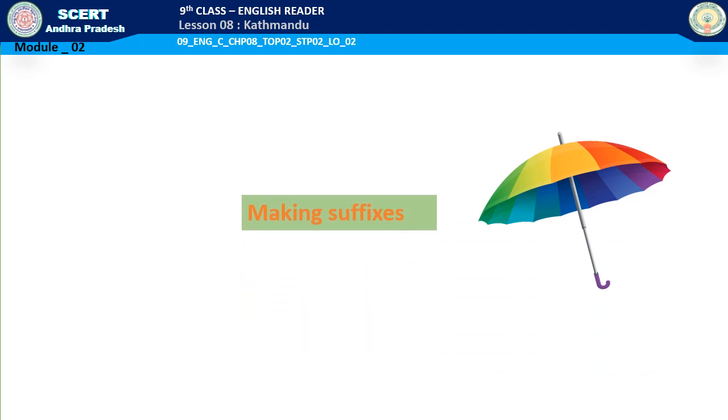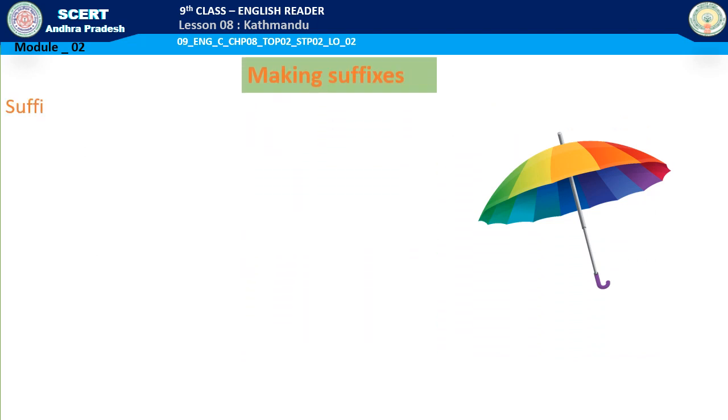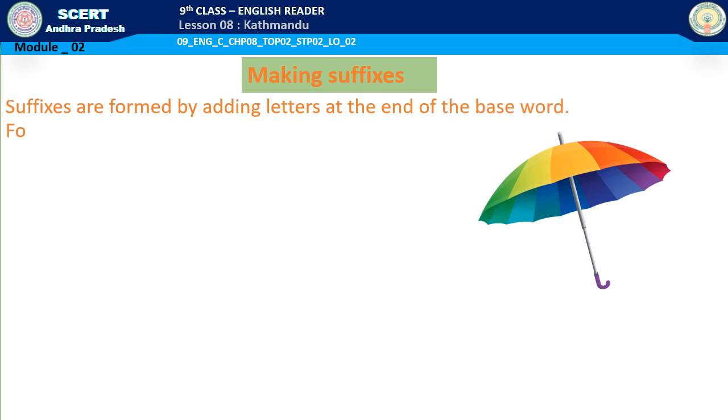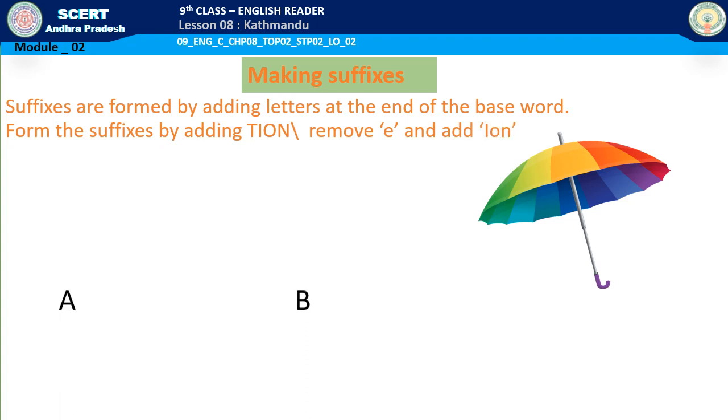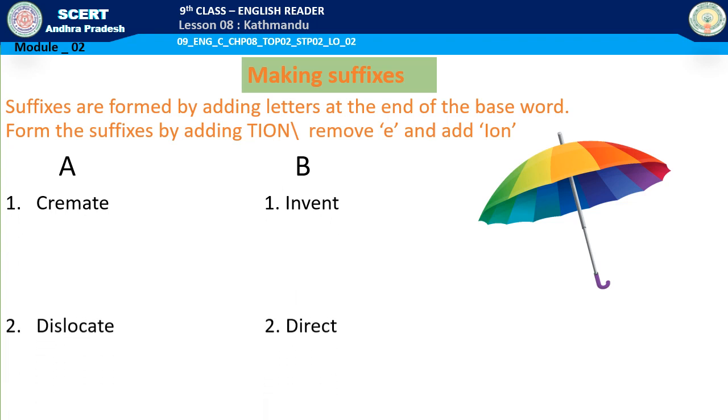Suffixes are letters added to the end of the base word to change its conjugation, word type, parts of speech, etc. Here we used derivative suffixes which change the parts of speech. Here in the caption A, ending E is removed from the base word and ION is added to the remaining part of the base word to form noun form.